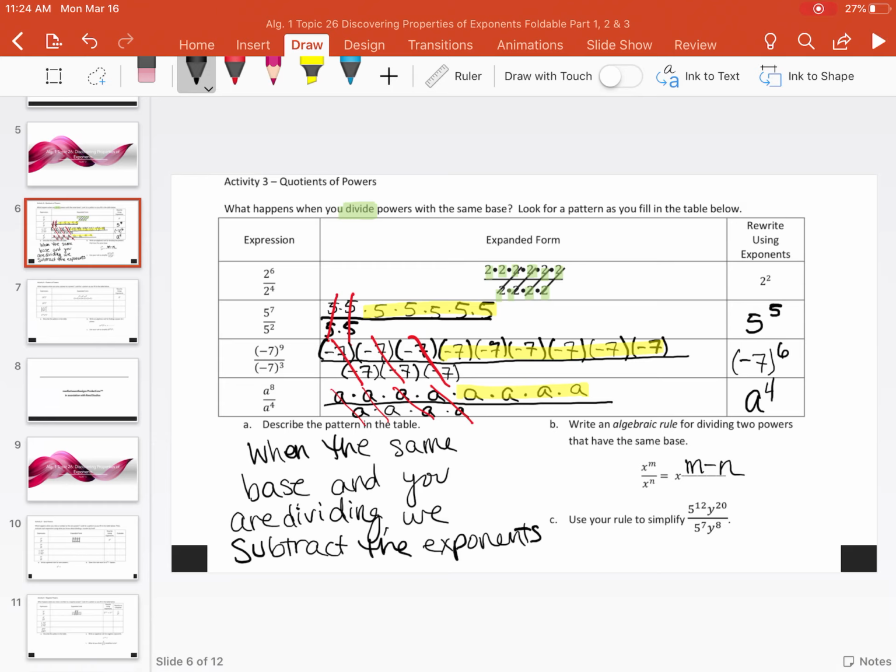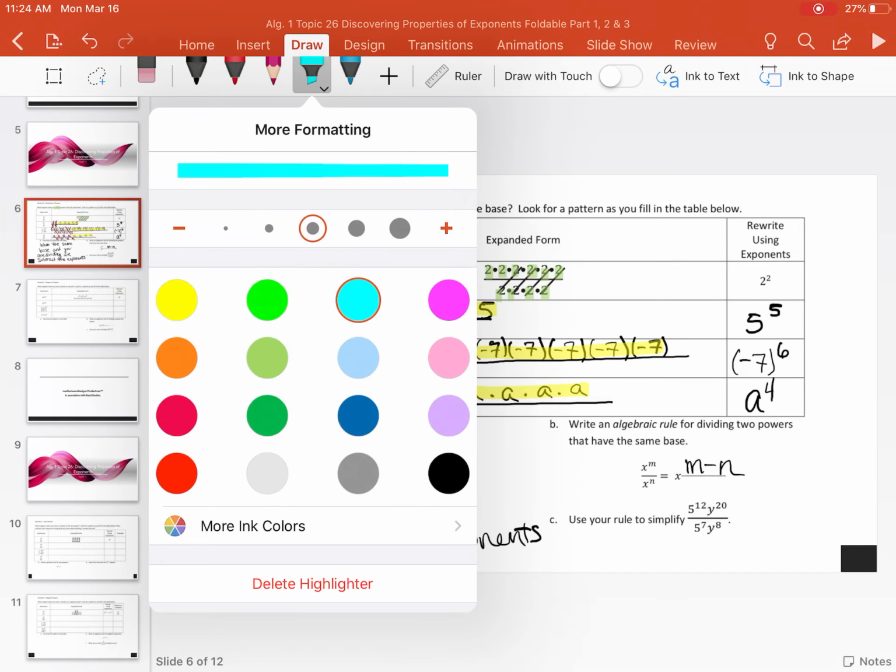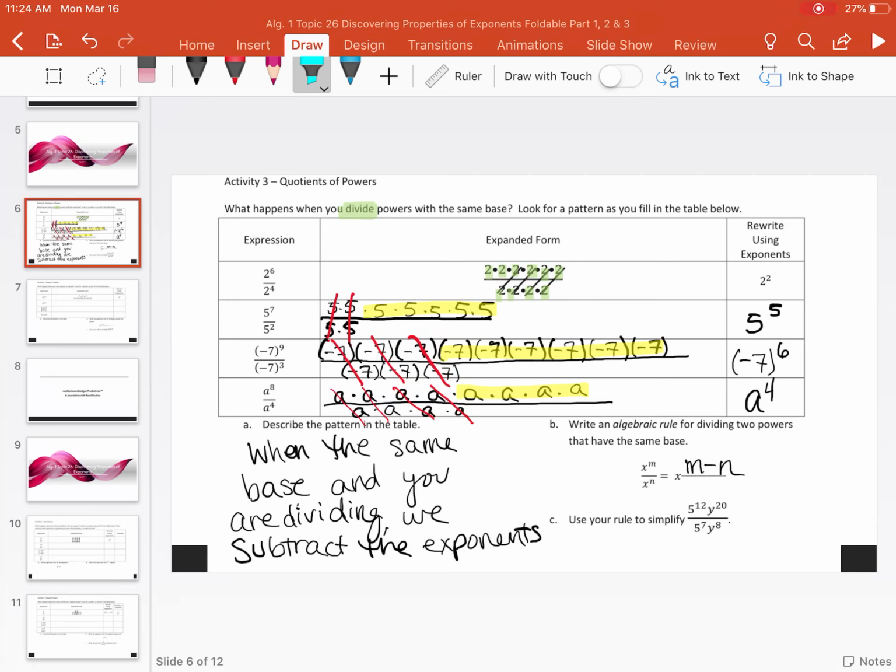Now, if we want to simplify using the rule, we have 5 to the 12th, y to the 20th, over 5 to the 7th, y to the 8th. We are only going to be dealing with values that have the same base. So we have 5 to the 12th and 5 to the 7th. That's going to give us 5 to the 12 minus 7.